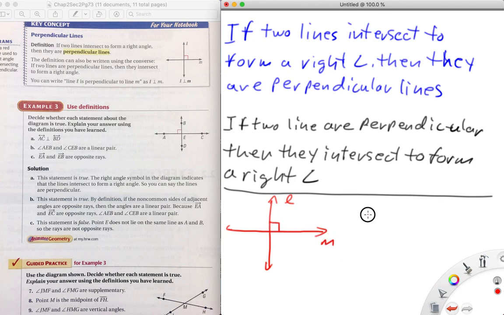And we can say that line L is perpendicular to line M. So this symbol here, instead of writing perpendicular, this means perpendicular. Because don't nobody want to write perpendicular. Okay, so that symbol means perpendicular.